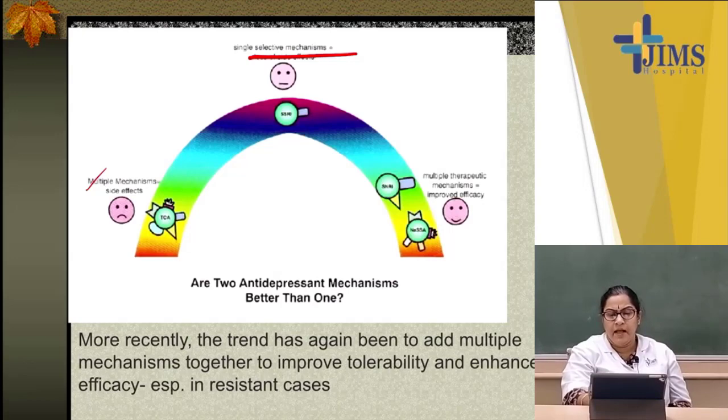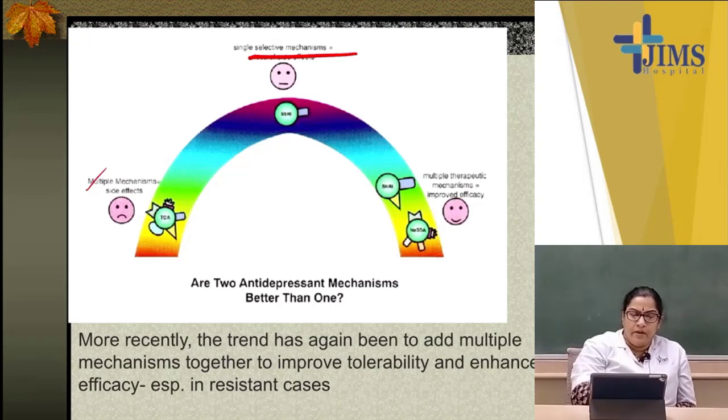The third group has multiple therapeutic mechanisms, especially the SNRIs, that is serotonin norepinephrine reuptake inhibitors, or the blockers of the autoreceptors like alpha 1 and alpha 2, where there is development of well-being. So more recently the trend has been to add multiple mechanisms together to improve tolerability and enhance efficacy, especially in resistant cases.